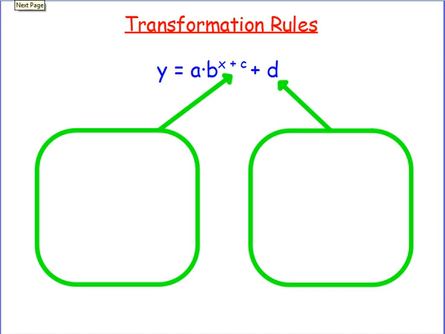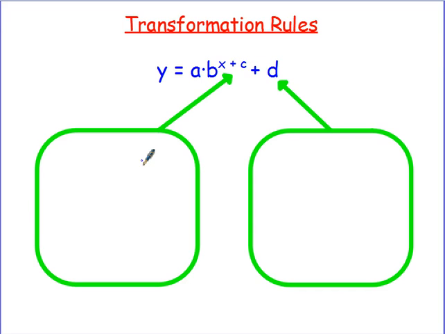Along with the basic graphs that we just looked at, we're going to have some shifting rules. And these are the exact same shifting rules that we've seen with every single kind of graph we've made. If you notice, I have two boxes here. They're each pointing to a specific letter. This first box is pointing to the letter C. So C is up in the exponent attached to the x.